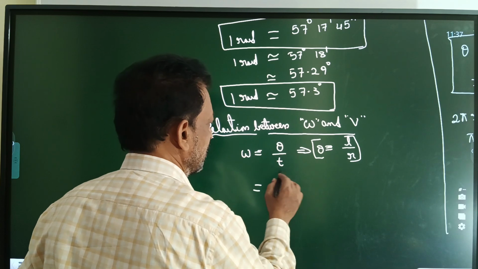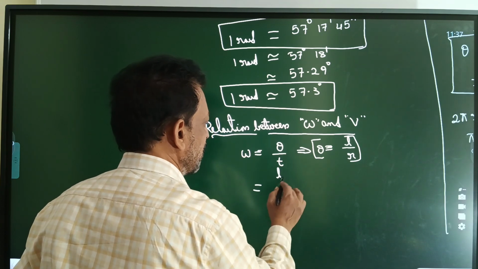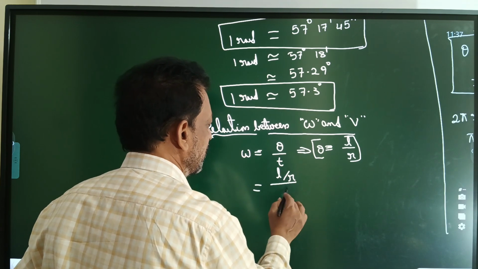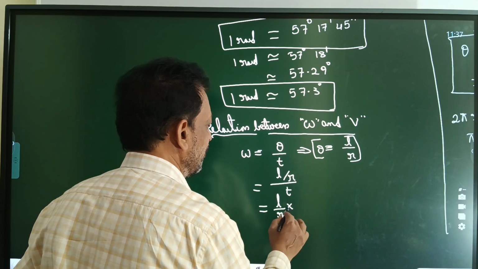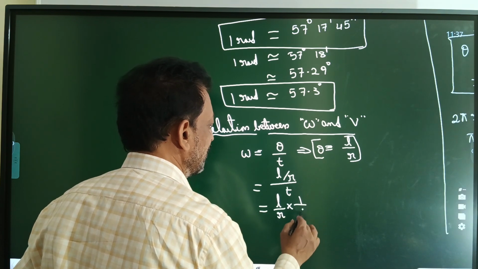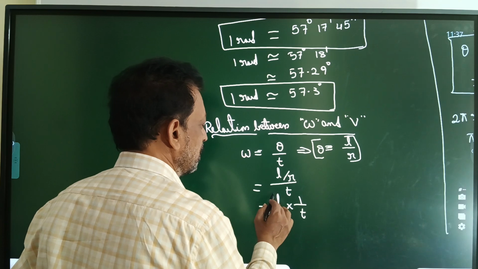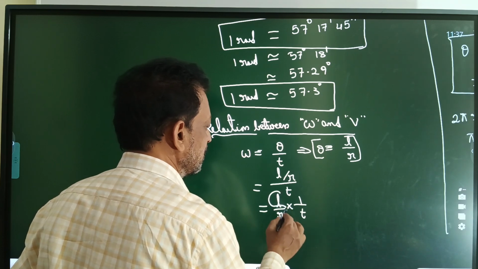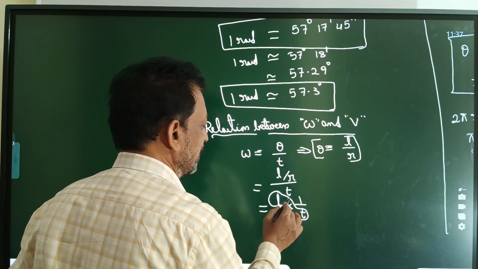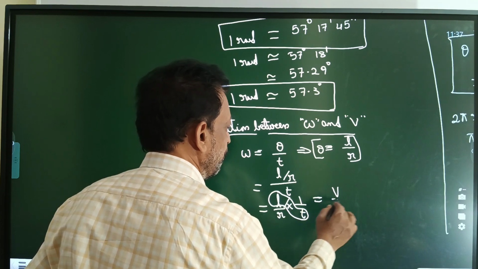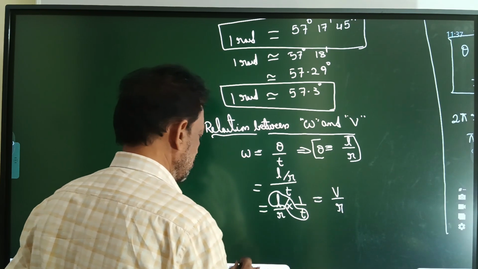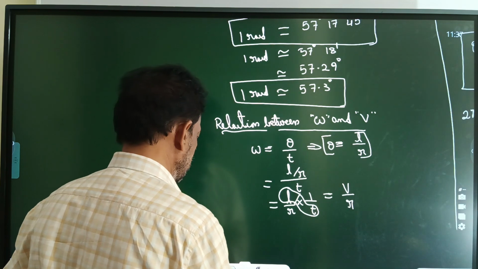Now substitute it here: L by R divided by t. Now make it L by R into 1 by t. Length by time gives you velocity, that is V by R.